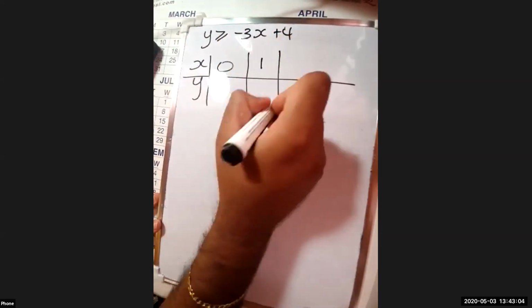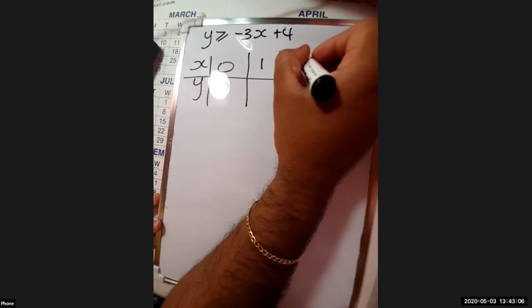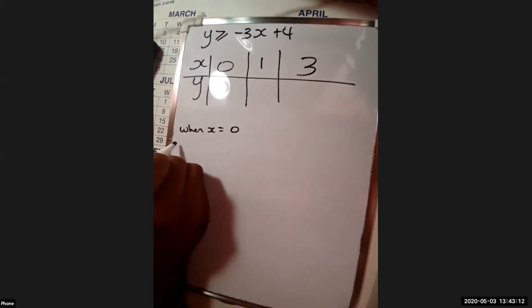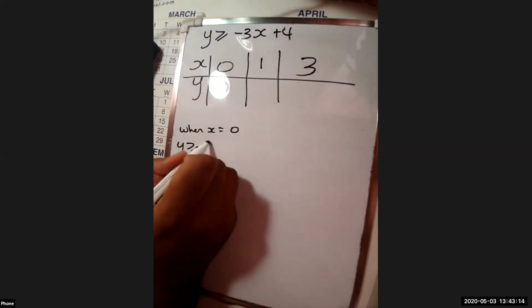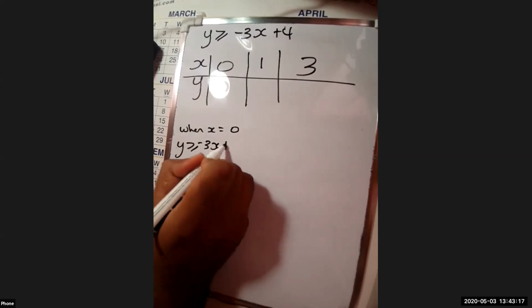So we remember we choose any amount of values, right? Let's just choose 3 values. I'll use what I have in the note: 0, 1, and let's say 3. So when x is equal to 0, let's see what y will be. Y is greater than or equal to negative 3x plus 4.